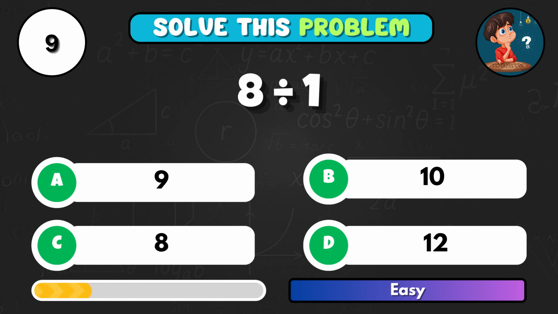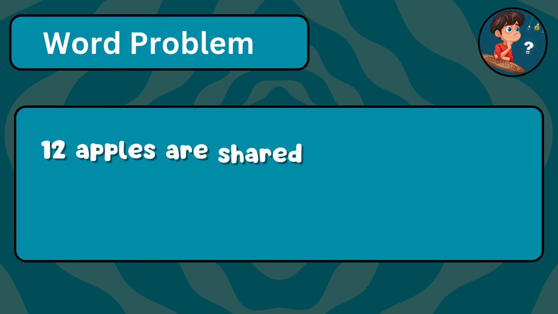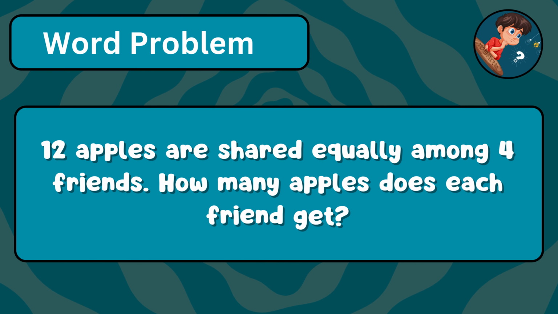What's 9 divided by 1? That makes it A, 9. Word problem. 12 apples are shared equally among 4 friends. How many apples does each friend get?